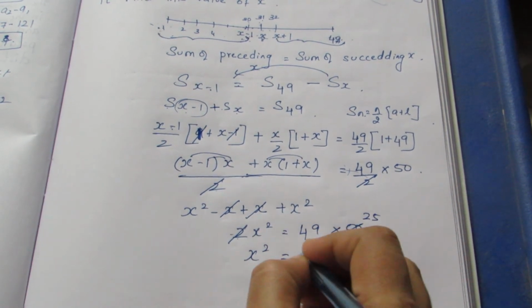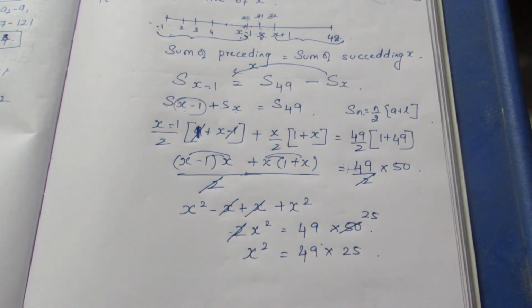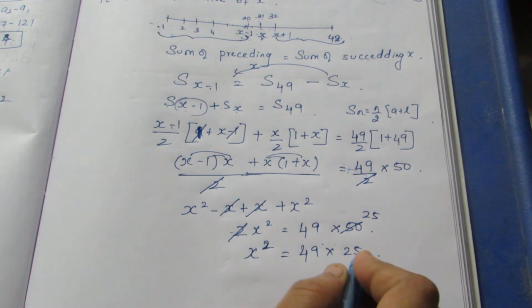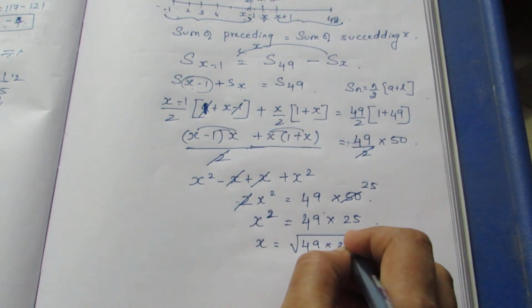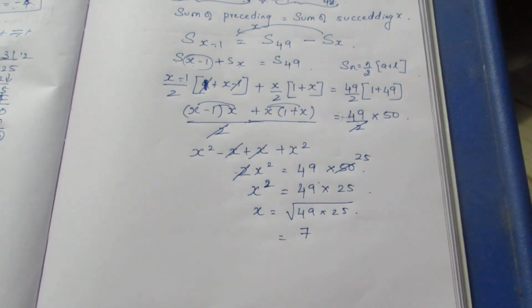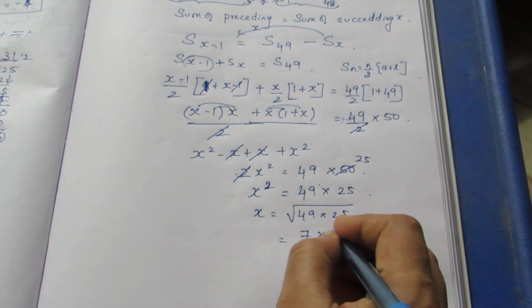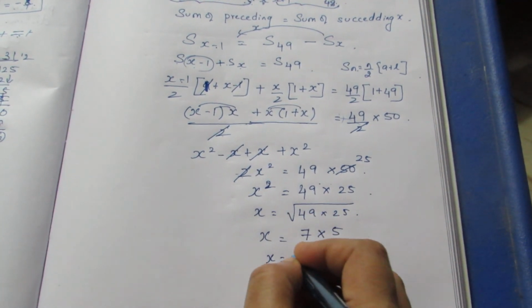It becomes x square is equal to 49 into 25. Don't multiply; we are going to take the root. The square goes to the other side as a root, so root of 49 into 25. Root 49 is 7 because 7 sevens are 49, and 5 fives are 25. So my x is equal to 35.